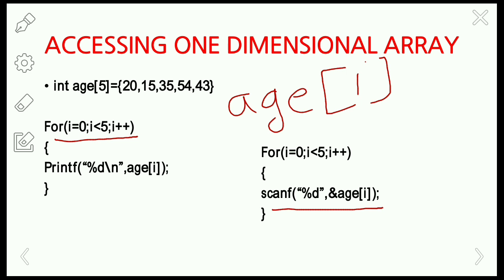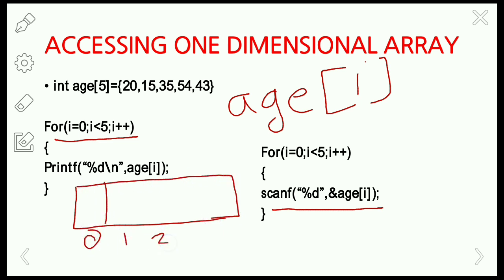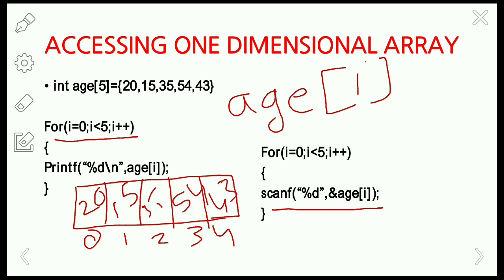Suppose you want to give the age at 0, the subscripts are 0 1 2 3 4. You can enter the age of the 0th person, that is the first person, as 20 using the scanf function. Similarly 15, 35, 54 and 43. By using scanf we can read all the ages of the persons into the array.